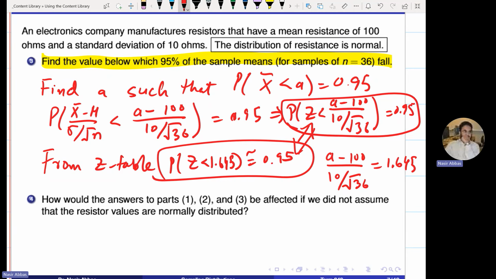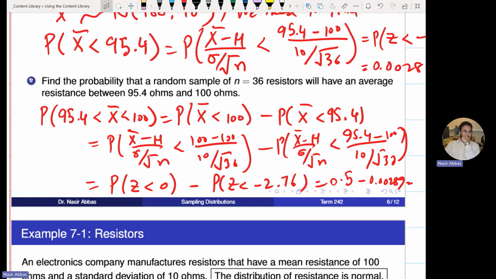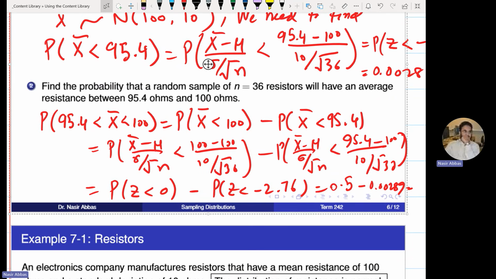If X was not normal, your X bar will still be close to normal and you will use exactly the same formula for Z and get exactly the same solutions. But in that case, all of these solutions become approximations. So here you will say that the probability is approximately 0.00289. The probability is approximately 0.5 minus 0.00289. And the percentile is approximately 100 plus 1.645 times something.